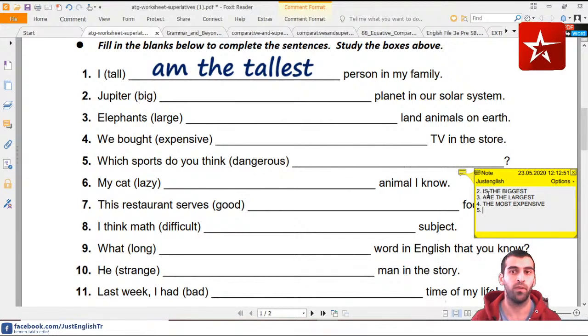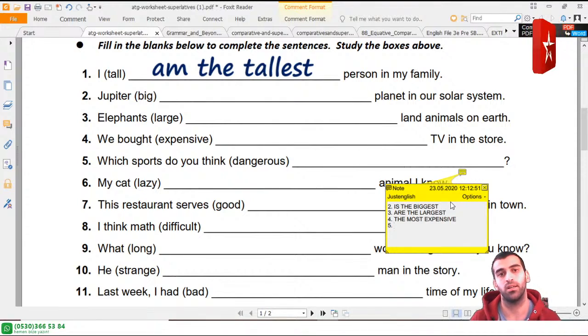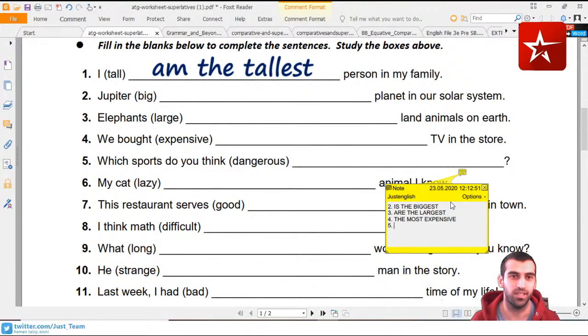Which sports do you think? Okay, number 5. Which sports do you think? Okay, the most dangerous. The most dangerous. Okay, but how can we make a sentence? It's correct. Okay, the superlative form of dangerous is correct.